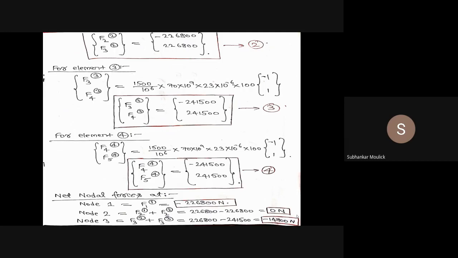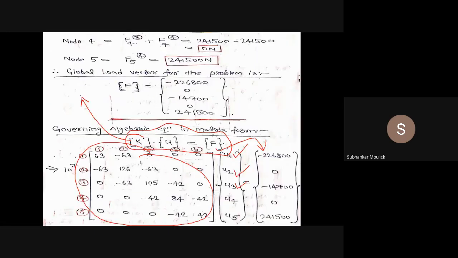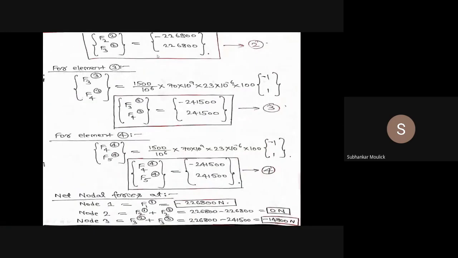Similarly, at node 3, the total nodal force present is F3. From equation number 1 there is no F3. From equation number 2, F3 value is 226800. From equation number 3, F3 value is minus 241500. And from equation number 4 there is no F3.